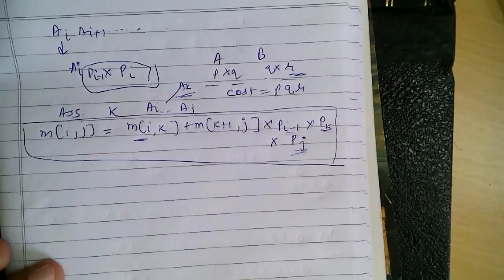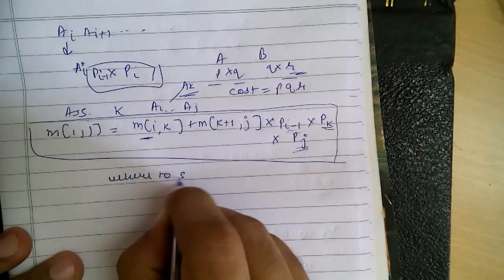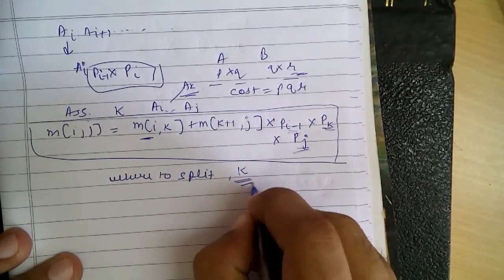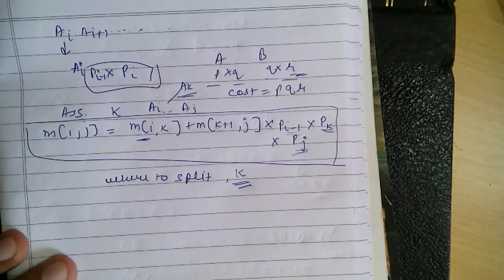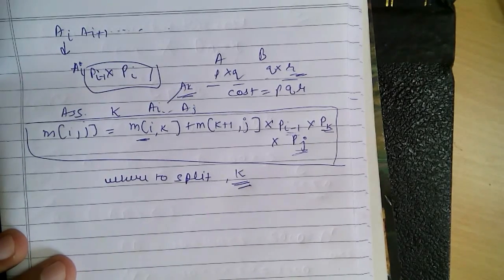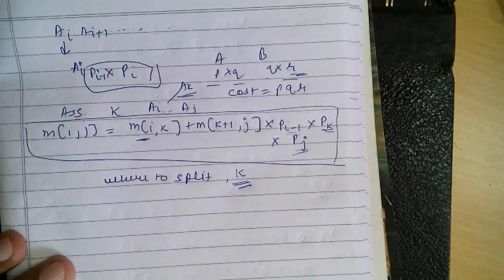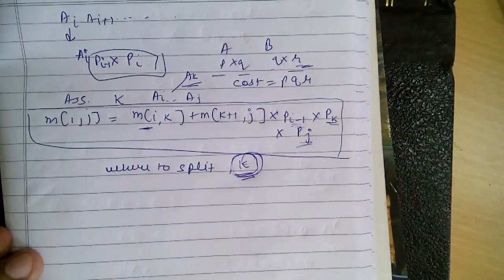This algorithm assumes that we know where to split, that we know where k is, but actually we don't know. So we are going to find the place which gives the minimum cost. So we have to determine this k.